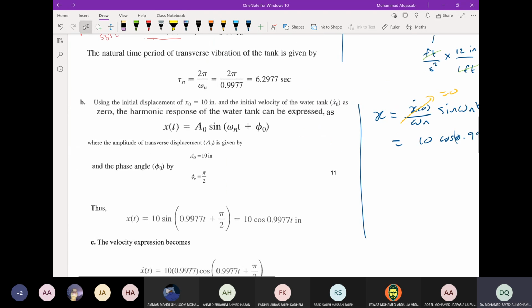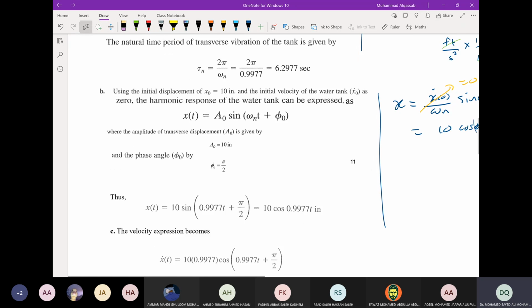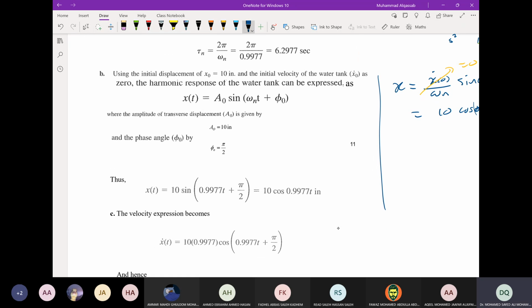Or if using this form, it is also the same, that x of t equal to A0 sine omega n t plus phi 0, and you apply initial conditions, you will find that A0 is 10 and phi 0 is equal to pi over 2, which will reduce to x of t equal to 10 sine 0.9977 t plus pi over 2, and sine plus pi over 2 is cosine.